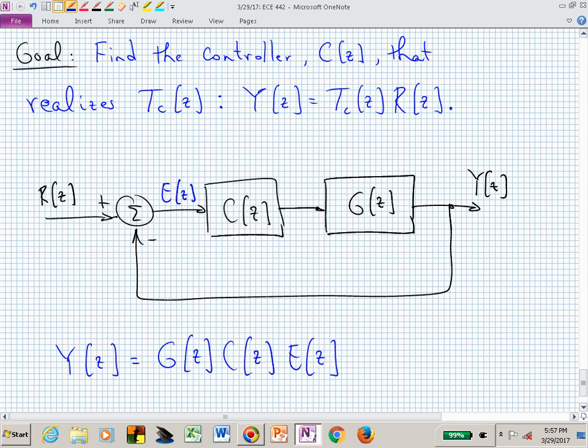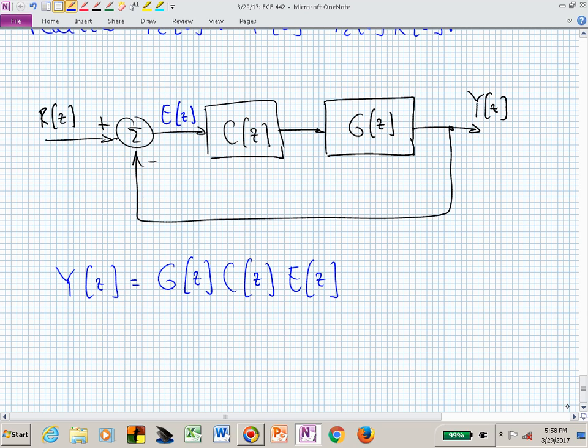That should be clear. And we can, from this block diagram, identify E. That's the output of that summing junction, which should equal the inputs to that summing junction. And here I just have two inputs, so I should just have two terms that comprise E of Z. And in that case, E of Z is just R of Z minus Y of Z. I hope that's clear.